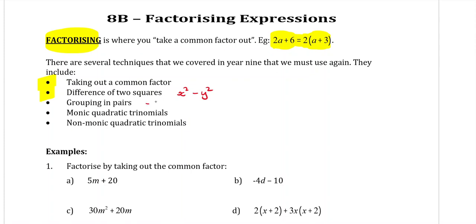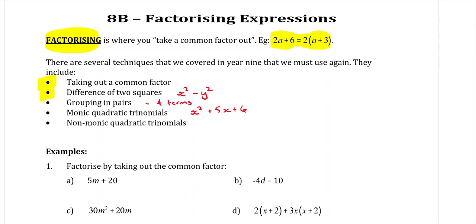Grouping in pairs are the ones that have 4 terms. We have a monic quadratic trinomial. That is when you have something like x squared plus 5x plus 6. So you have the 3 terms of a quadratic, but the coefficient of the x squared is a 1.